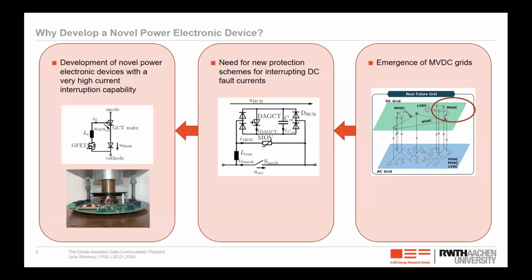And this we need for protection schemes for interrupting DC fault currents. These DC fault currents emerge because we have novel grid structures, the MVDC grids, and they need new protection schemes.